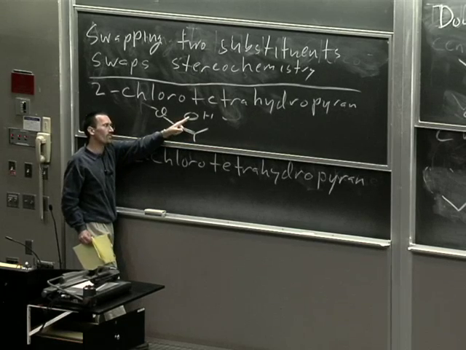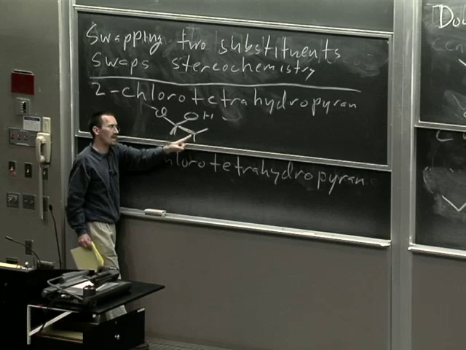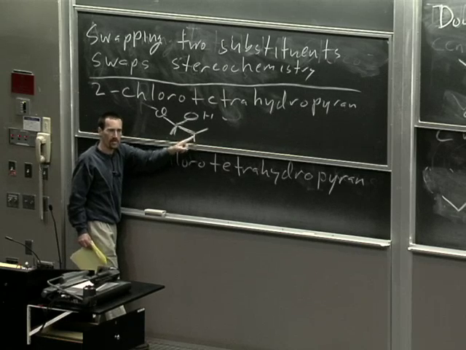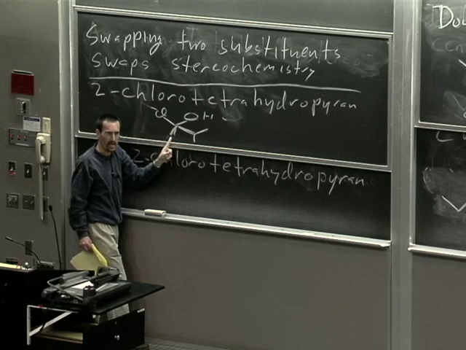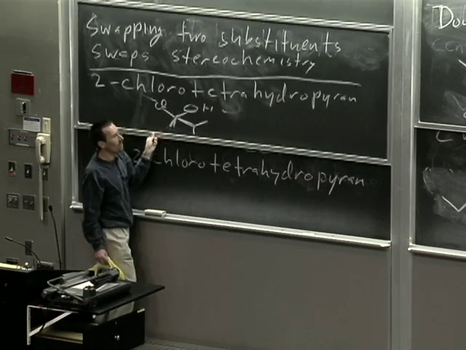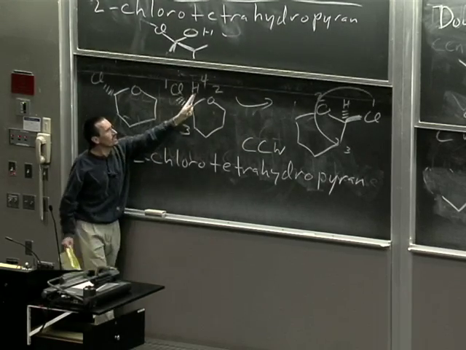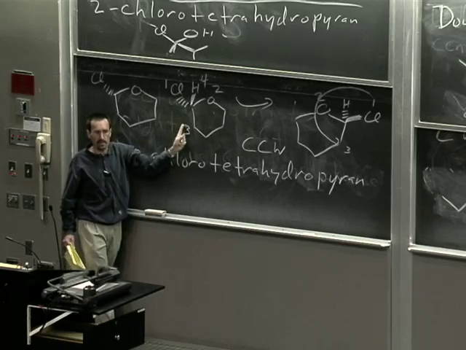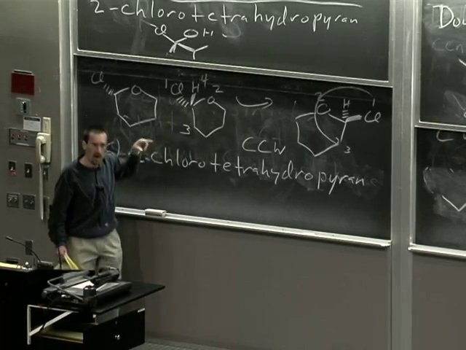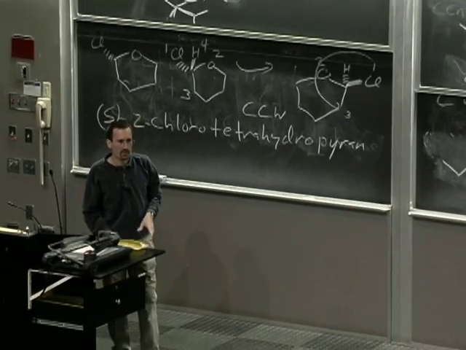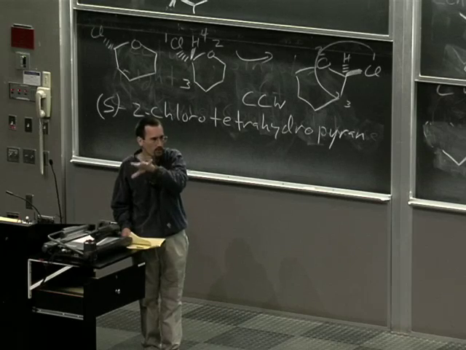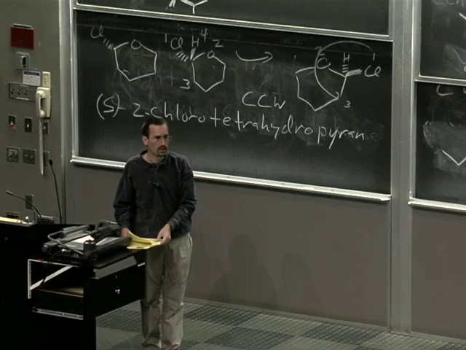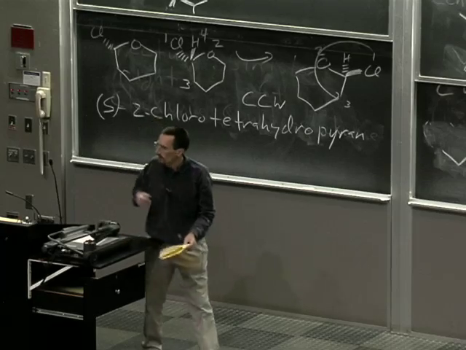So it would be 1 for the chlorine, 2 for the oxygen, 3 for the carbon with 2 carbons attached to it, and 4 for the carbon with only hydrogens attached to it. Does that make sense? As long as we are only dealing with elements of different atomic number, we never have to go on further down the chain. And of course, with 1 tetrahedral stereogenic center, we're only worrying about what's attached to 1 carbon.